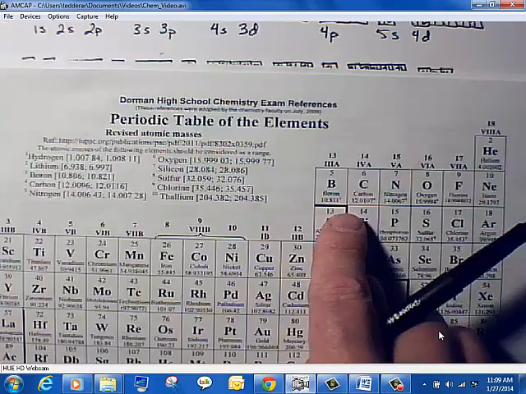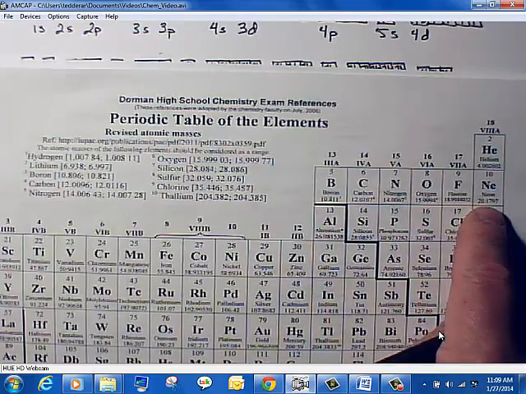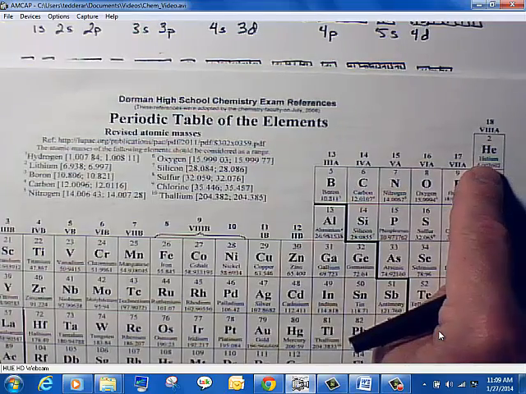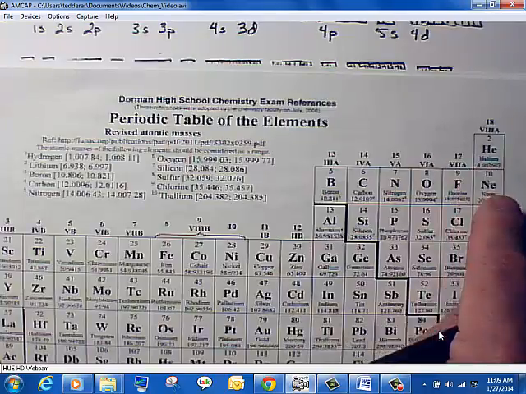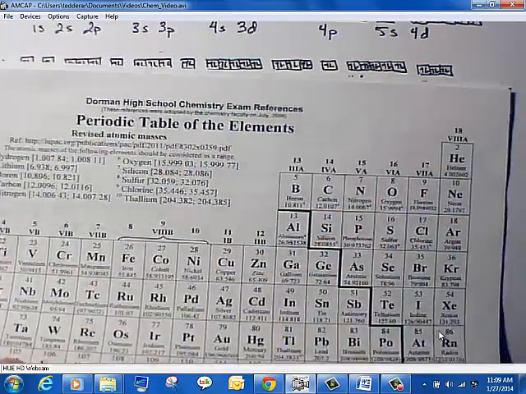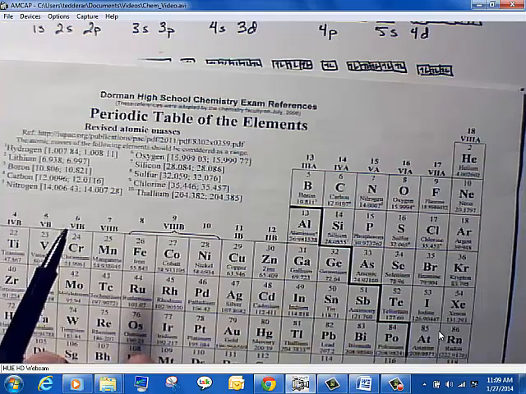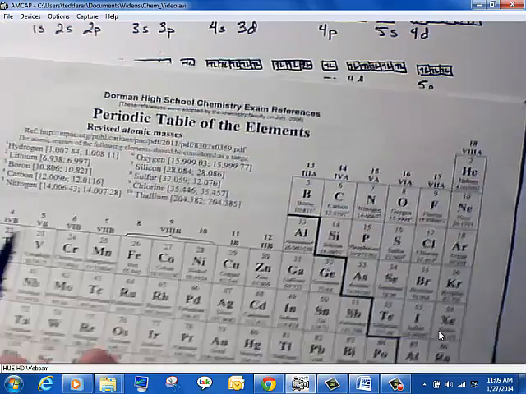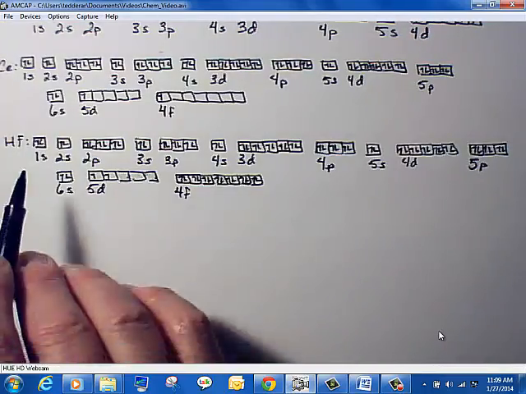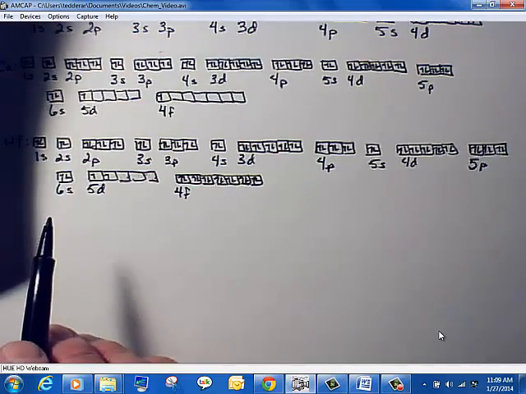Let's see. How about we do after you get past neon? Okay? All elements past neon. Got it? Then I don't want you to go back to helium. That's just too little. But after you get past neon, you can use this shorthand, but only for the element cube, not on tests, quizzes or homework.